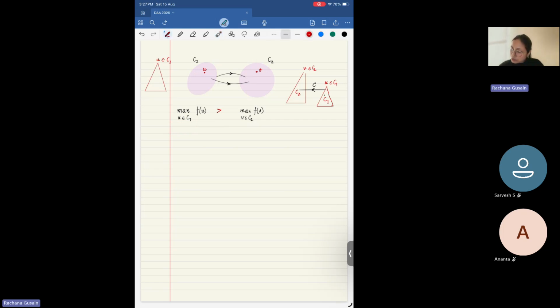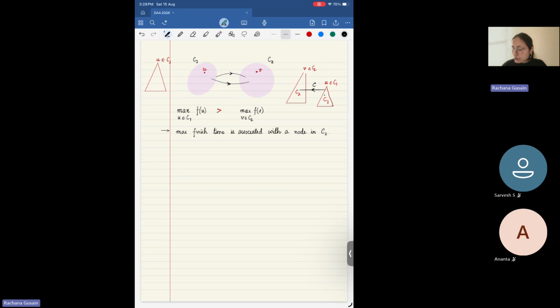So largest finish time, in words this means max finish time is associated with a node in C1. Just think of this: let's say I was given a directed graph and I wanted to split it into strongly connected components, and let's say the graph just had two components.